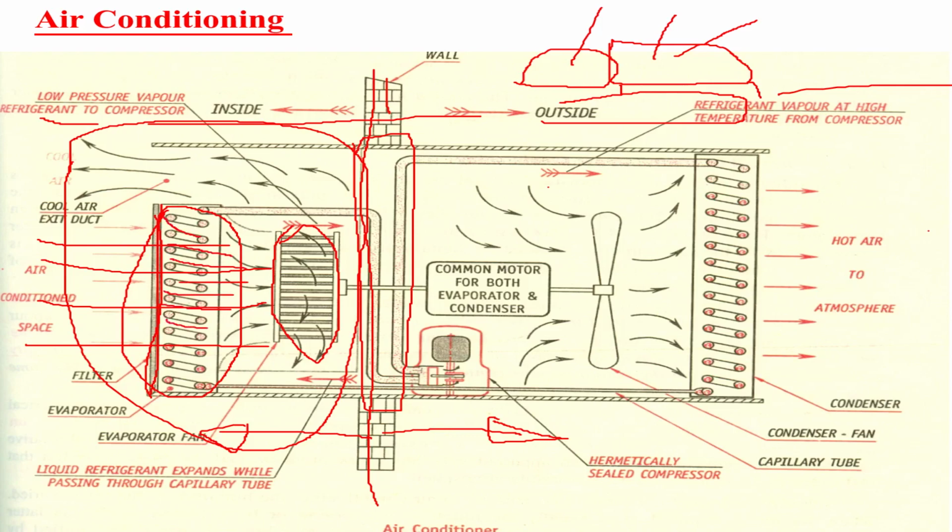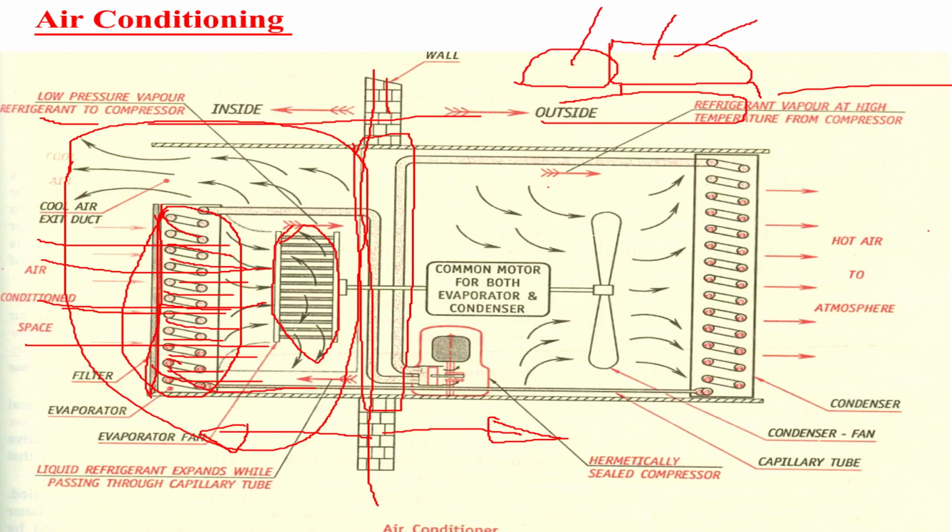The evaporator coil into which we supply refrigerant at very low temperature, low pressure. Refrigerant is passed through the coil. So then there will be heat exchange between the air and the refrigerant in the coil. The refrigerant absorbs the heat and gets vaporized. Low temperature, low pressure refrigerant passes through the coil.